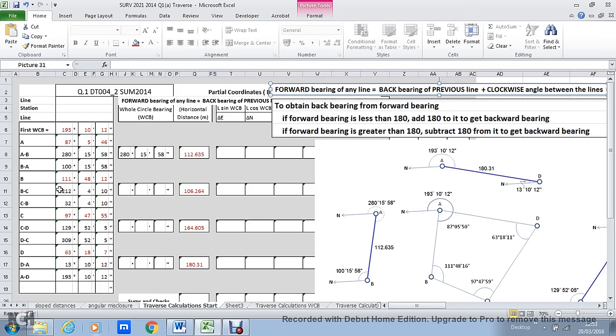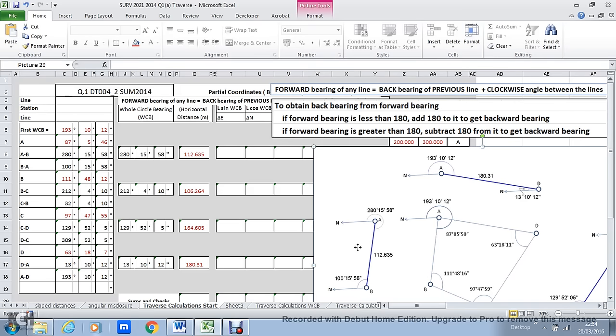Likewise, we transferred the forward bearing BC into these cells here, and also for C to D and for D to A. So what we essentially have for each line here is a set of polar coordinates. For this line here, we have an angle at the start of the line relative to a fixed reference at the north here, and we have a distance shown here, 112.635. So we have a set of polar coordinates for that line there.